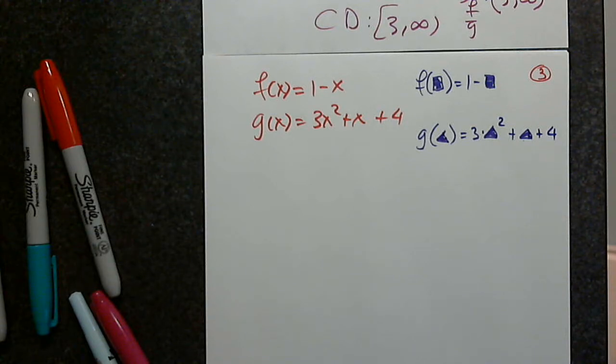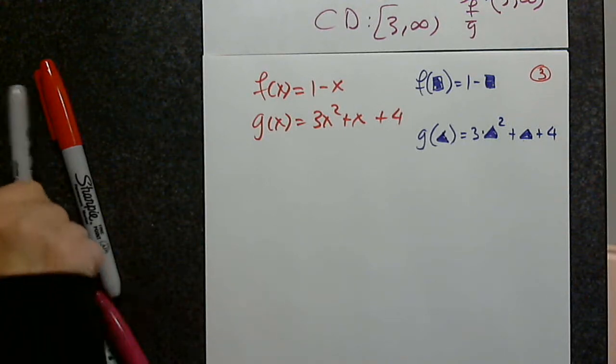Meaning, this is what these functions tell me. The first one tells me 1 minus whatever you want. The second one says 3 times whatever you want squared plus whatever plus 4. Once I have this embedded in my head, I will be able to find f composed with g and g composed with f. Which one? Well, we just said both of them.